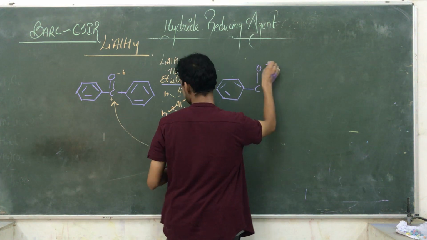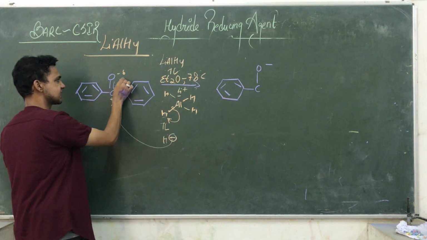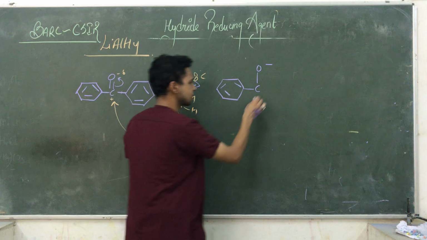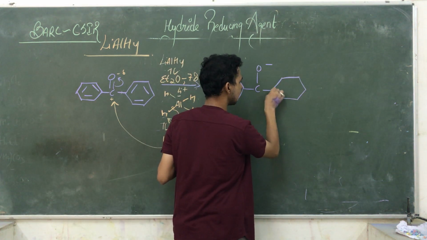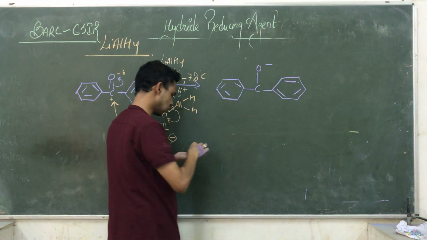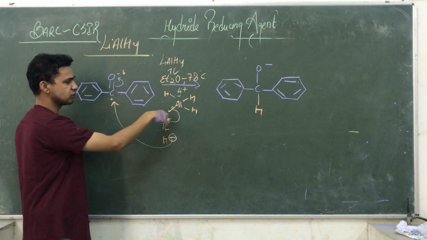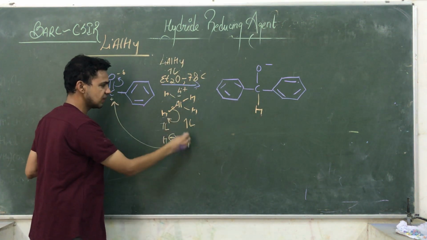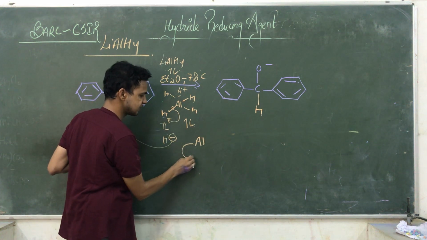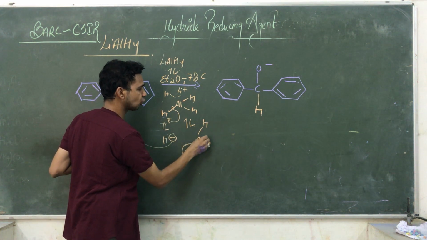This is O negative, because when they attack here, this negative charge moves upward, giving you a compound. So here one hydrogen is attached. So guys, when one hydrogen is removed from this aluminium, one vacant orbital is generated. So here there is a shortage of electrons.